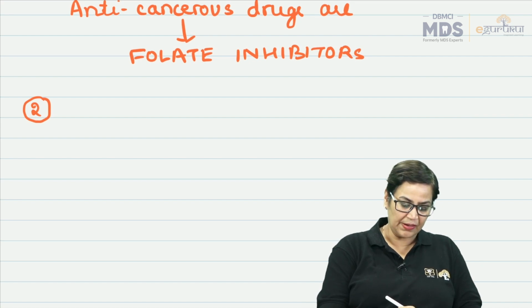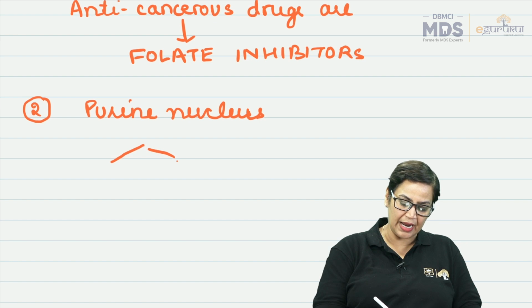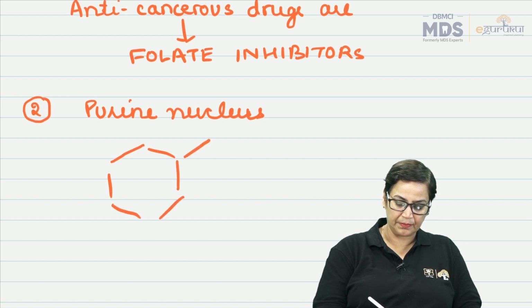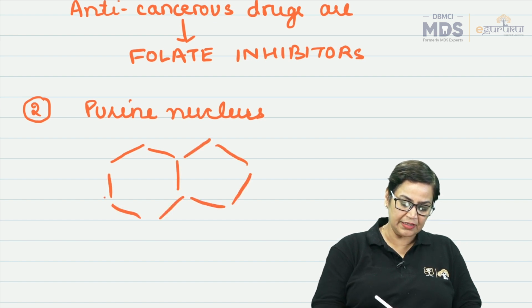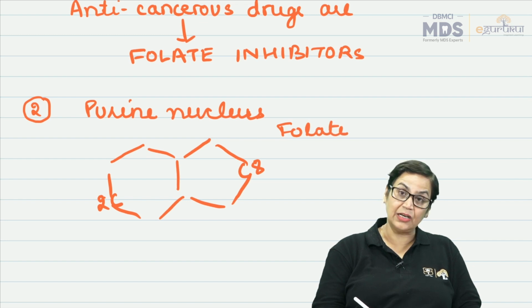Then the second important reaction is the purine nucleus. If we talk about the purine nucleus, we know that this second carbon atom and this eighth carbon atom also come from folate, and the group transferred here is formyl group or formate.